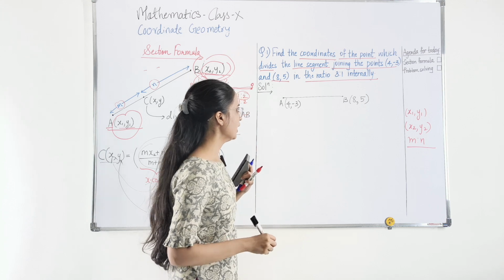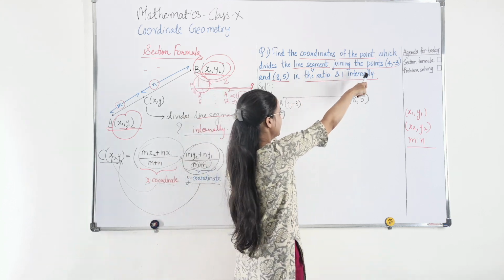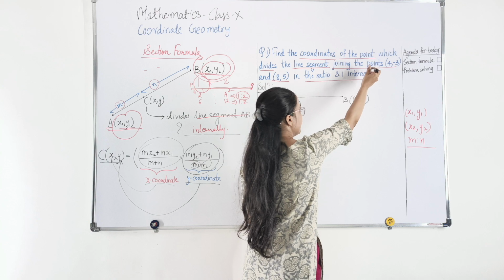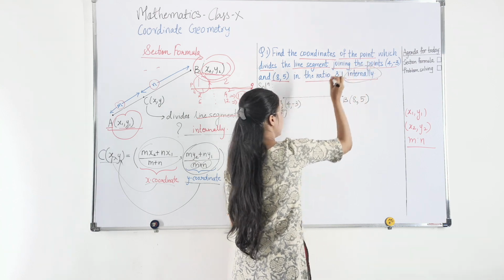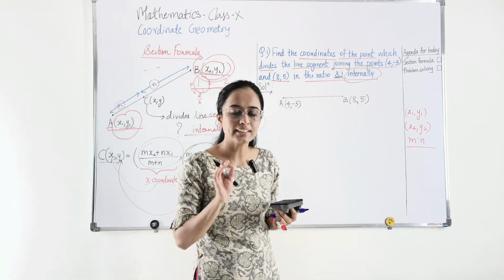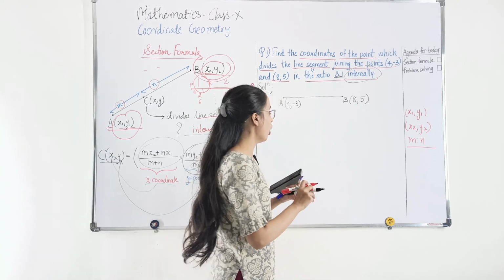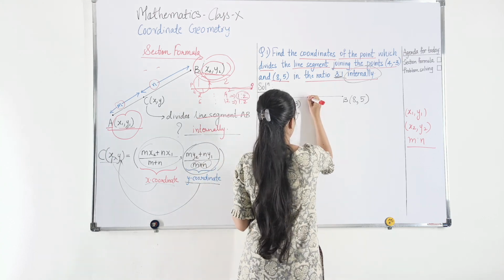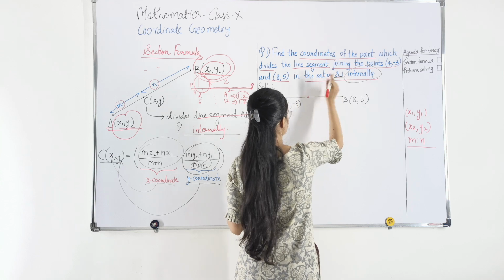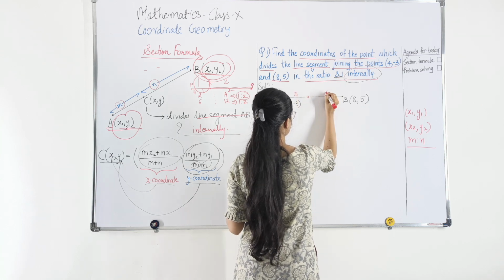Now they are saying that the line segment is getting divided internally in the ratio 3:1, meaning there is some point lying on this line such that the line gets divided in the ratio 3:1.